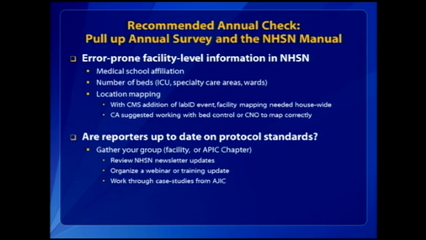Looking at the number of beds in the units that are being mapped, ICUs and specialty care areas. Looking at location mapping. And just bear in mind that as CMS adds a requirement for LabID event in facilities, that all of us are going to have to move toward house-wide location mapping, not just ICU location mapping.